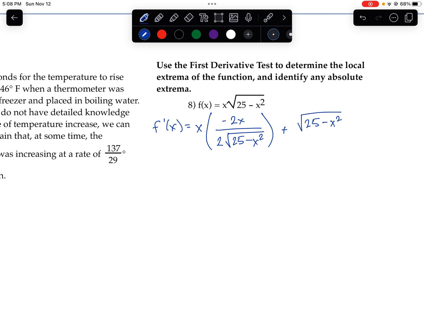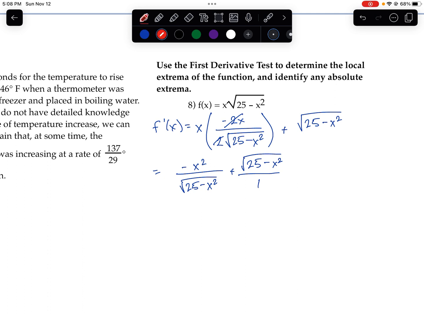Okay, and then if we simplify this, the 2's would cancel. We get negative x squared divided by the square root of 25 minus x squared plus the square root of 25 minus x squared over 1.